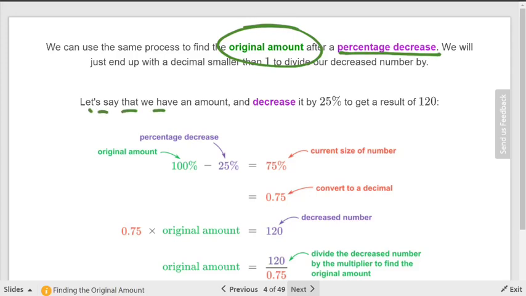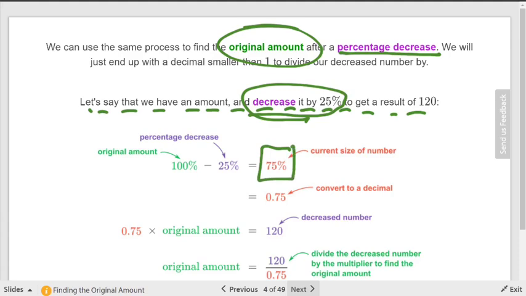To find a percentage decrease, let's say we have an amount and we decrease it by 25% to get a result of 120. So 120 is not what we started with. 120 is what we got after we did the math. So I want to know what was the number before we did the math. Well, it was a decrease of 25%, which means a total amount of 75, right?